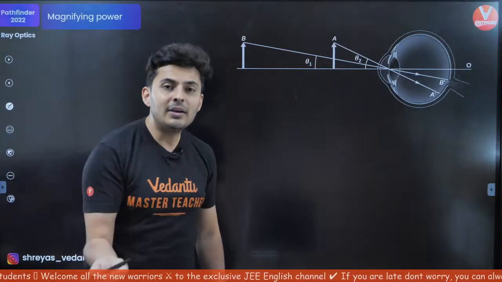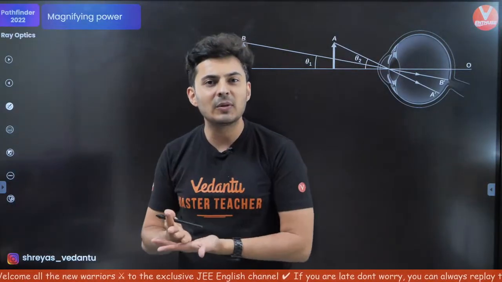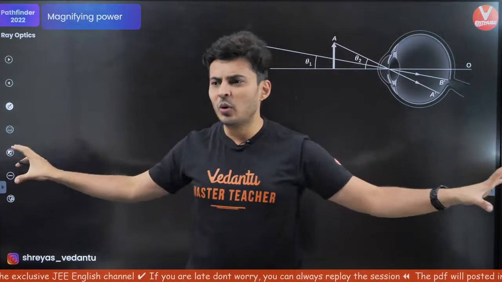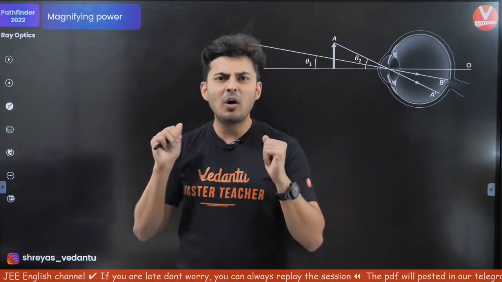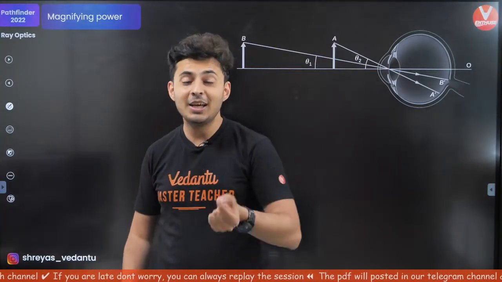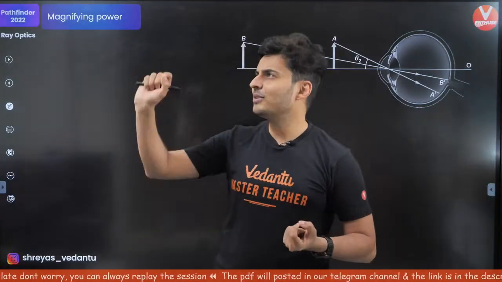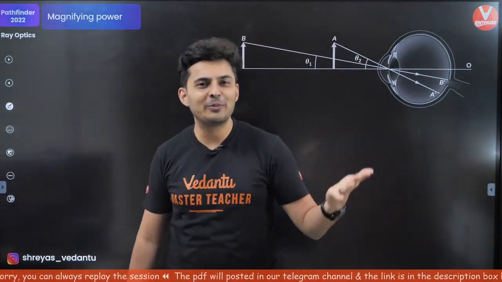Now, why do you need a microscope or a telescope? The reason is that the angle subtended by most of the things around you is small. Let's say you want to see coronavirus, some bacteria, Jupiter, or the moon.